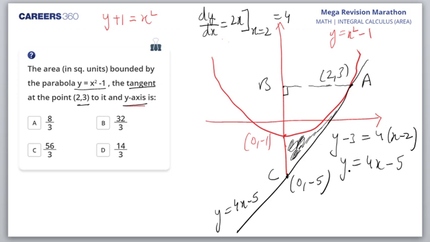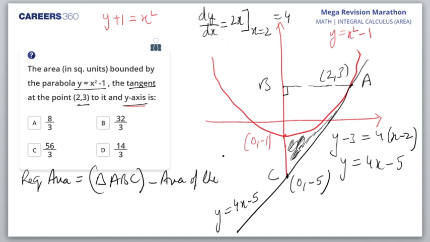So what would be the required area? The required area would be the area of the triangle ABC, right? Required area would be the area of the triangle ABC minus the area of the curve, this blank area.